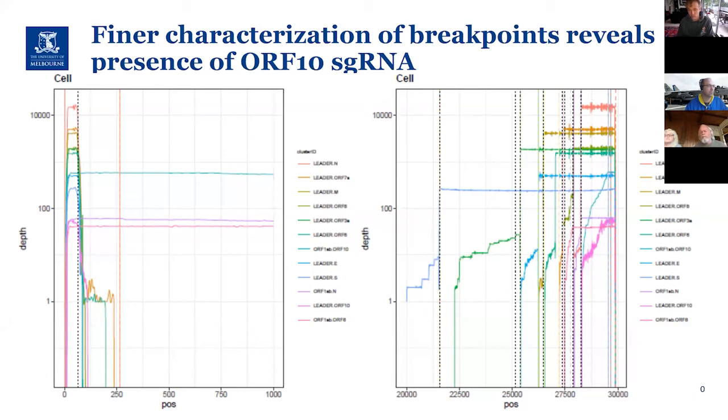For the histogram clustering to work well, you really need that sharp breakpoint to have all the subgenomic reads having the same length. In this case, there's a gradual build-up, although it is biased towards the 3' end. You may also note some of these ORF10 reads actually have this extended 5' leader sequence as well.